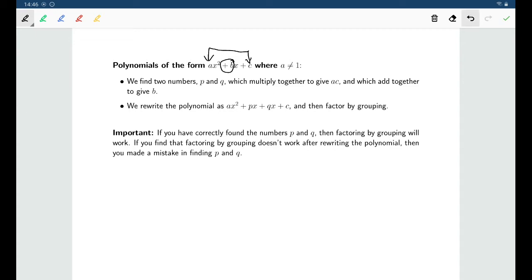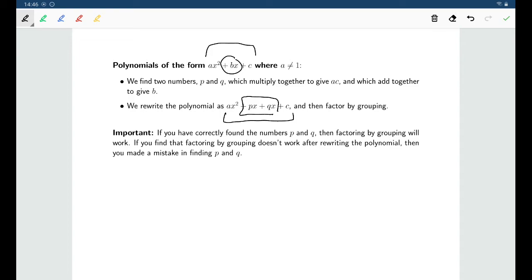The difference is that once we found our two numbers, then it's not just a case of jumping immediately to our answer. What we'll have is that our two numbers that we find will allow us to split that middle term up into two terms. So that we had something that originally had 3 terms, now we'll create something that has 4 terms. Once you have something with 4 terms, factoring by grouping is an option.